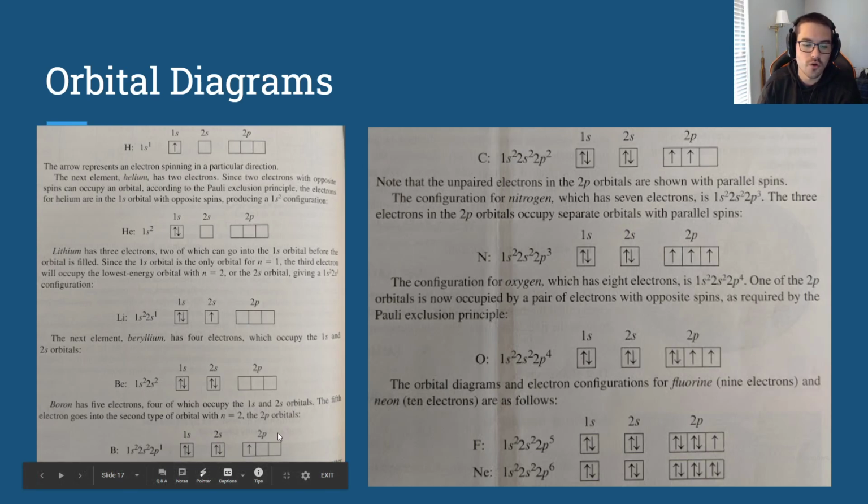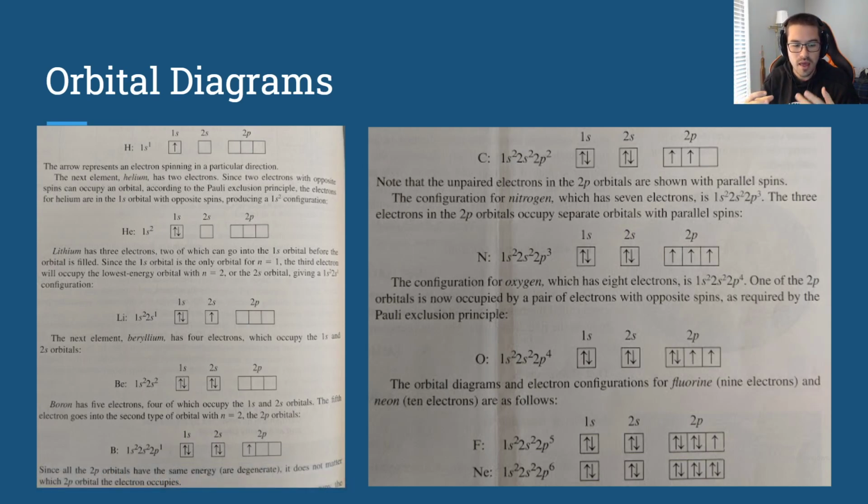So if you know that you're working with a p orbital, you should draw 3 different boxes, because the p orbital can have 6 electrons, and if each box can only hold 2, that means you need 3 boxes, right? For 2 plus 2 plus 2 equals 6.